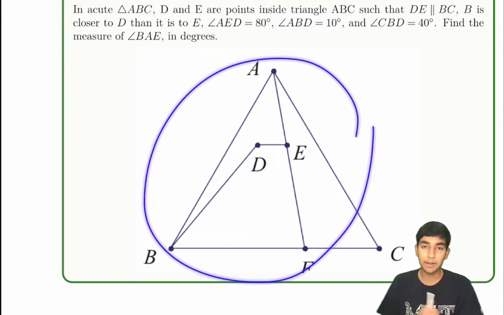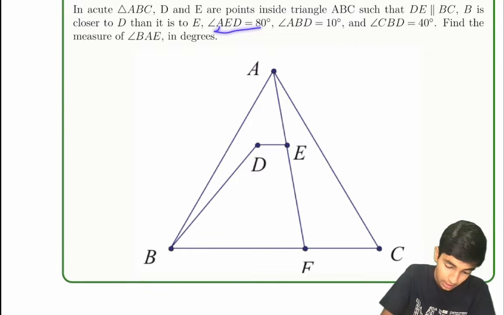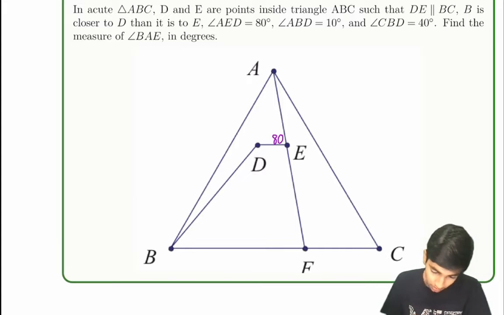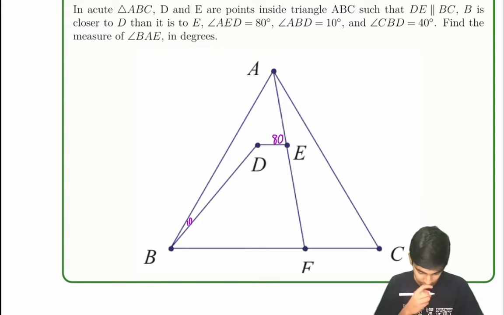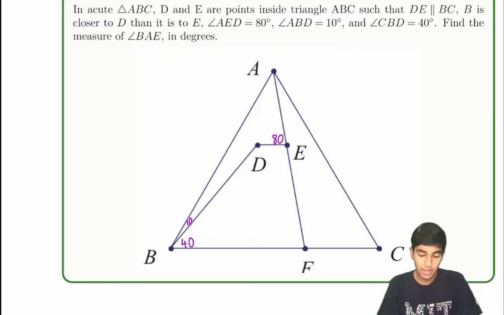Luckily, we've got a nice diagram showing everything for us. Now here are the angle conditions. Let's take a close look at them. AED is 80. ABD is 10. CBD is 40. Find the measure of angle BAE.